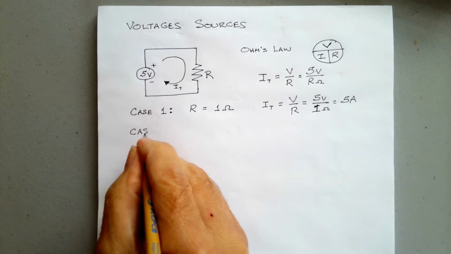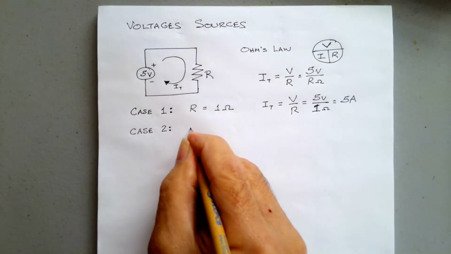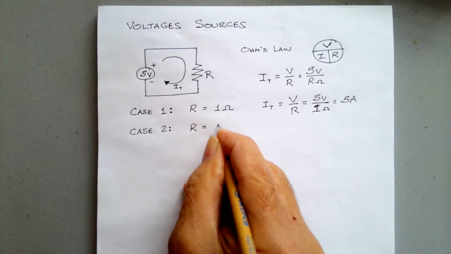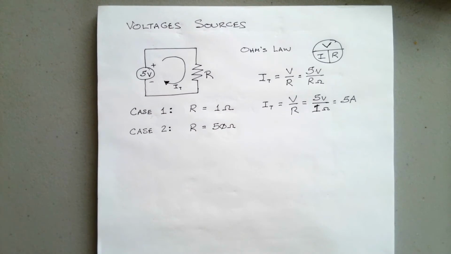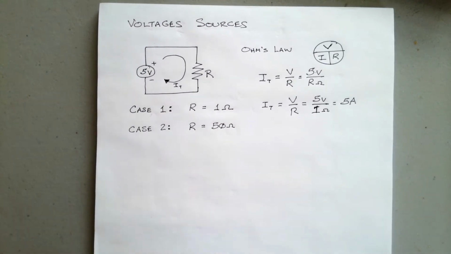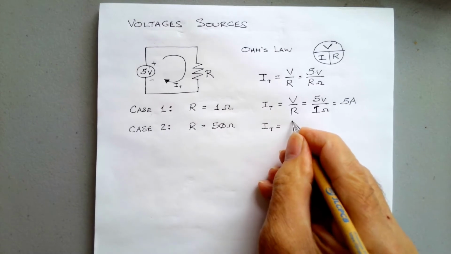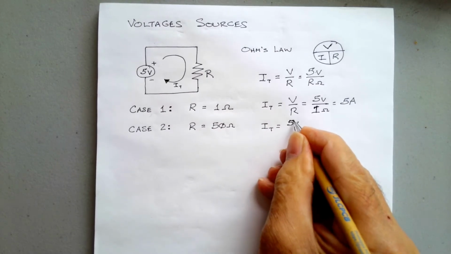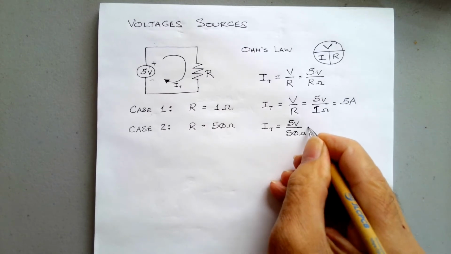And let's say R equals 50 ohms. That's a common load in RF and instrument systems, in which case I total would be equal to 5 volts over 50 ohms.